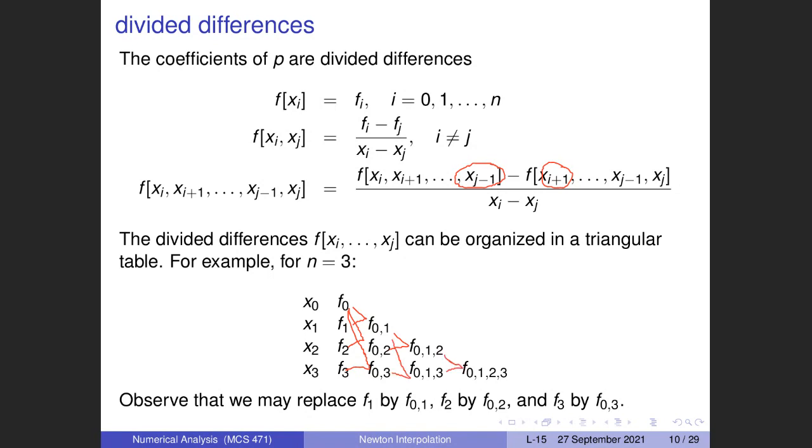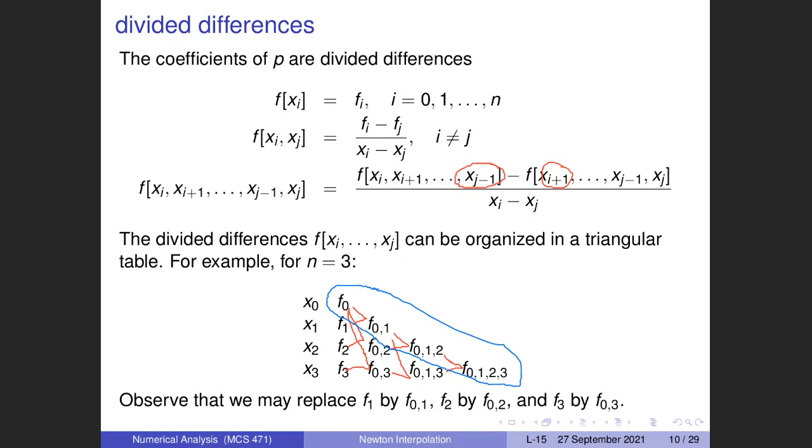The diagonal of this table of divided differences will be the coefficient vector in the Newton form of the interpolating polynomial. So what we care about is the diagonal of this table.